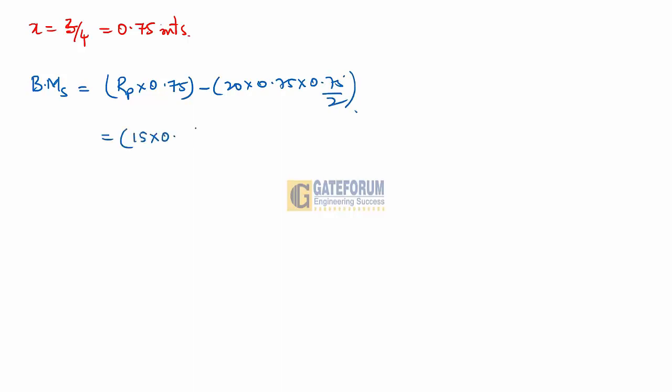So bending moment at S is equal to RP into 0.75 minus 20 into 0.75 into 0.75 by 2. So this is 15 into 0.75 minus 20 into 0.75 into 0.75 by 2, which is equal to 5.625.